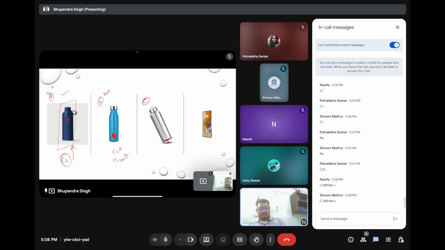Now we are trying to find the point group of bottle B. So Patlekha said C2V, Nafa said C infinite V. Who else is there? Shivam also said C infinite V. Now tell me, Ashu, what is the point group of this bottle?